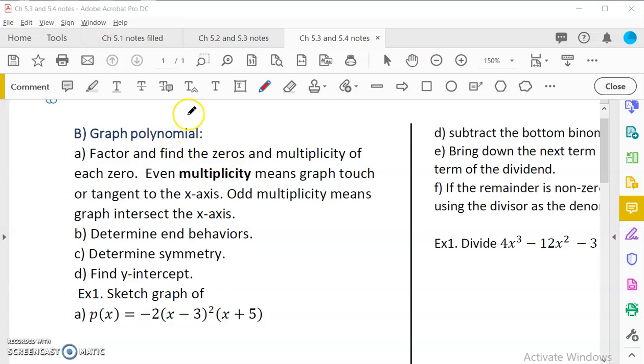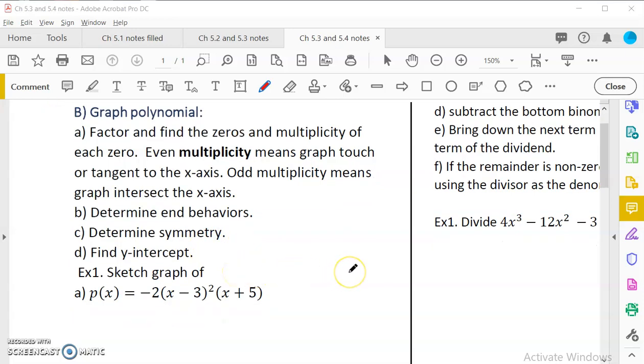But in order to prepare to graph, other than finding the zero, we also need to notice something called the multiplicity of each zero. Multiplicity means how many times that zero repeats in the factoring.